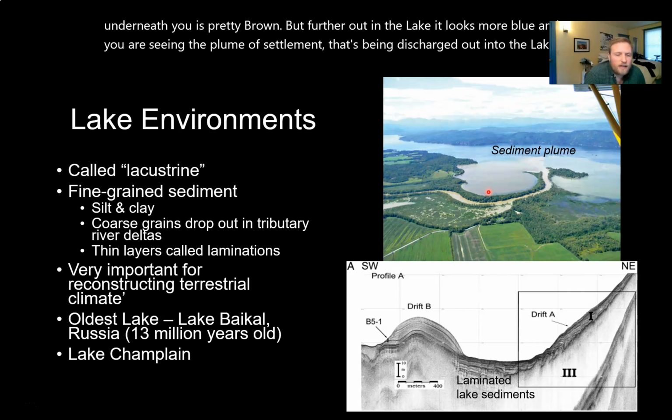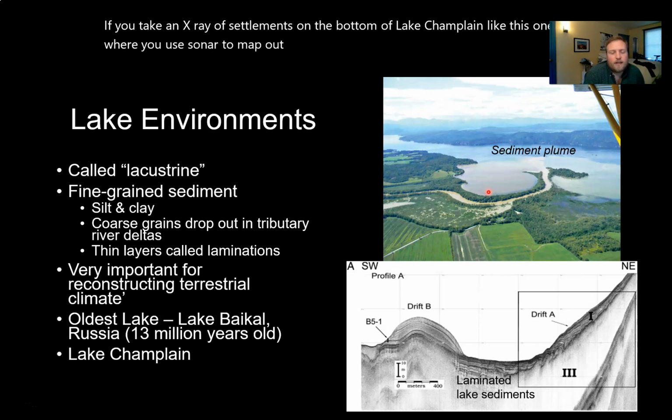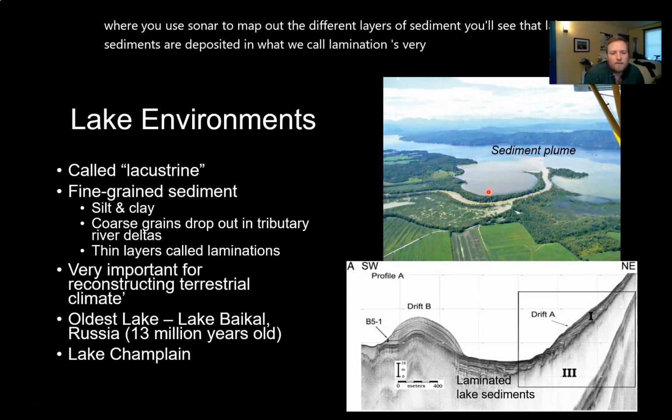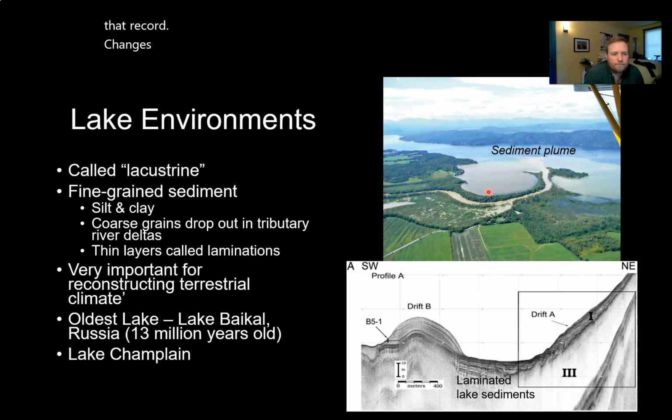If you take an X-ray of sediments on the bottom of Lake Champlain, like this one, where you use sonar to map out the different layers of sediment, you'll see that lake sediments are deposited in what we call laminations, very thin layers or beds that record changes in the lake through time.